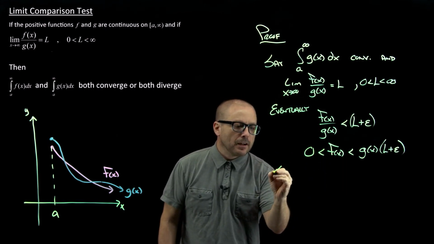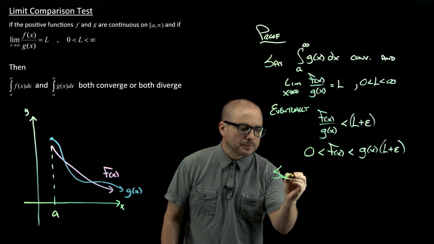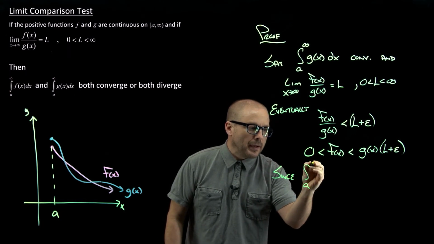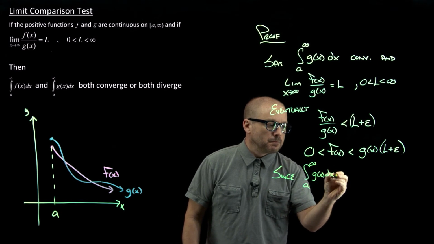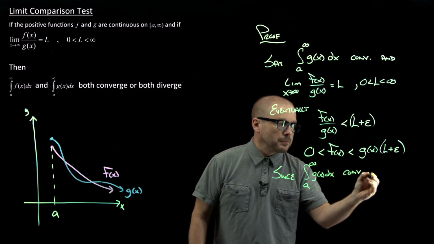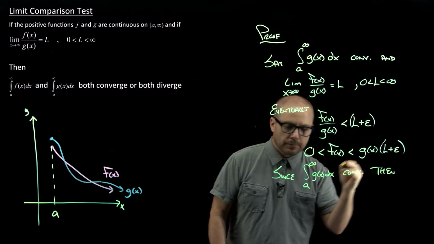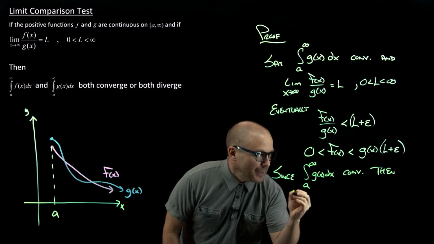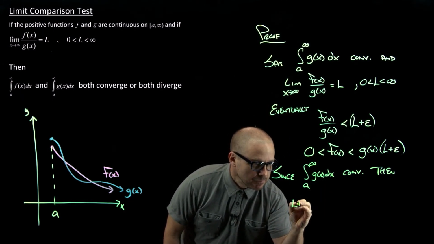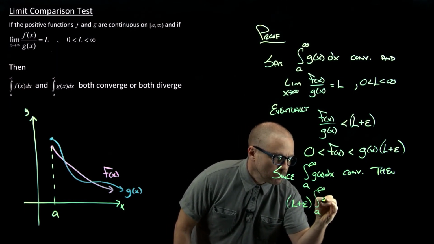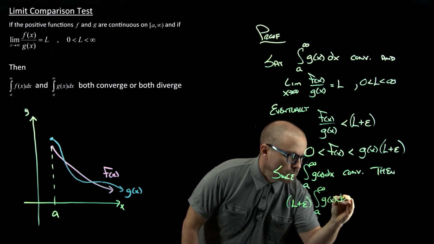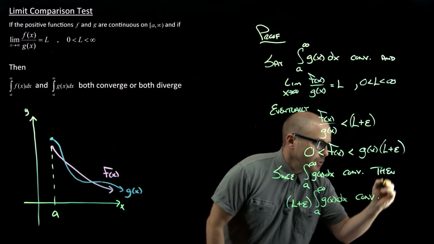So since the integral from a to infinity of g of x converges, then multiplying that by a constant, L plus epsilon, that converges.